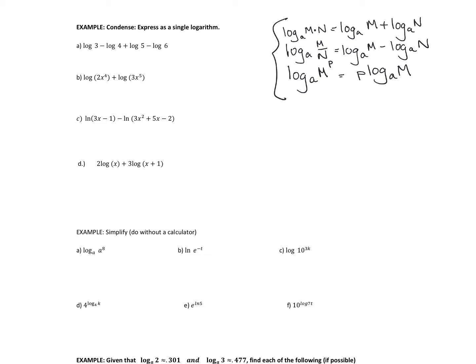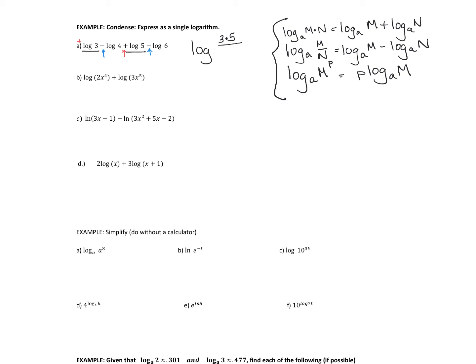So what we need to pay attention to is things like positive plus signs, keeping in mind that there's a plus sign here, and minus signs like this. So if we have a plus sign, that means when I condense it, it's going to be in the numerator. So we're going to have 3 times 5 in the top.